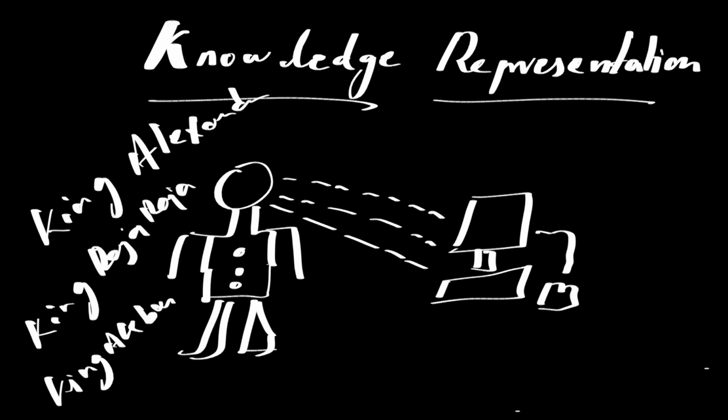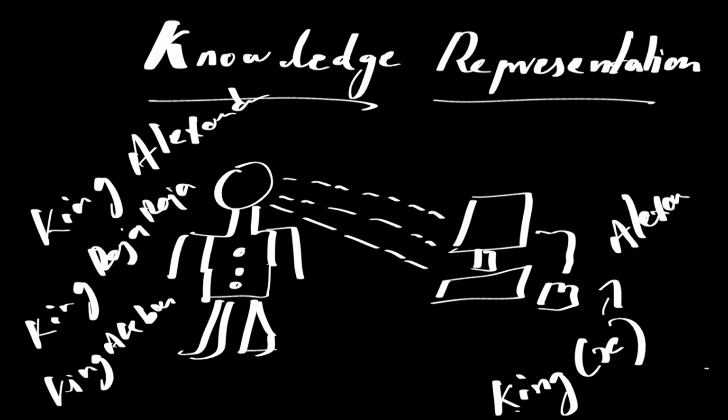We need a logical statement that can substitute any king name, in the logical statement we are trying to make the machine learn. Here we go: King of X. Now this X can be Alexander, Raja Cholan, or Akbar.